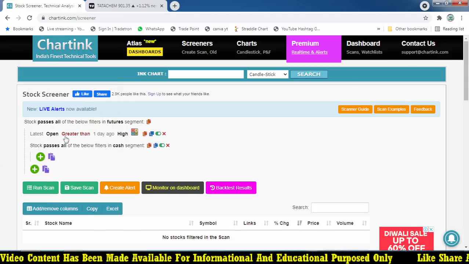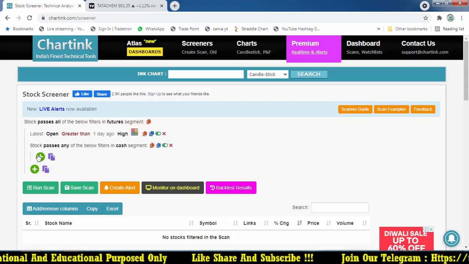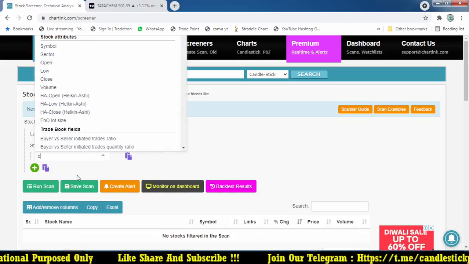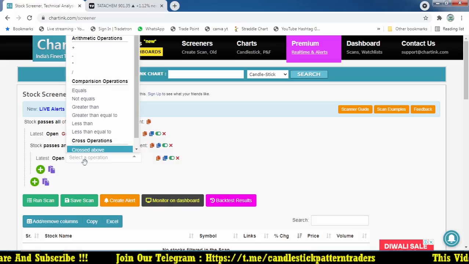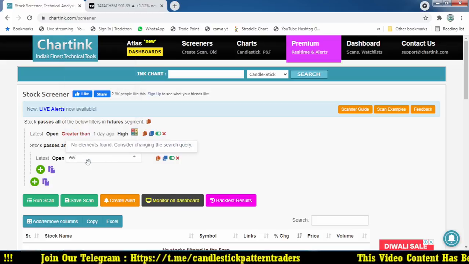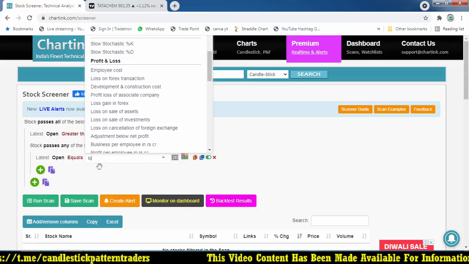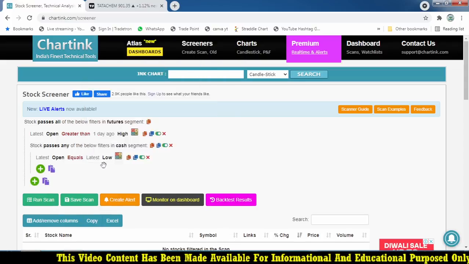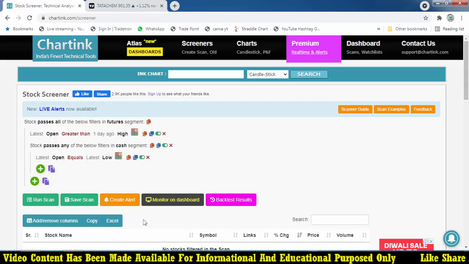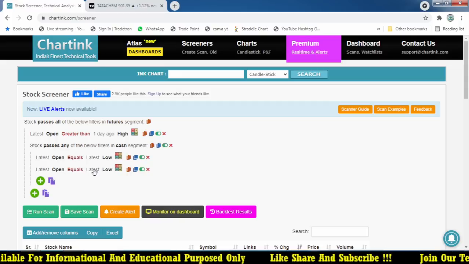This will find the stocks that open above the previous day high, and here the stock possesses any of them: the latest open equal to the low, and the second one should be the open equal to the high.